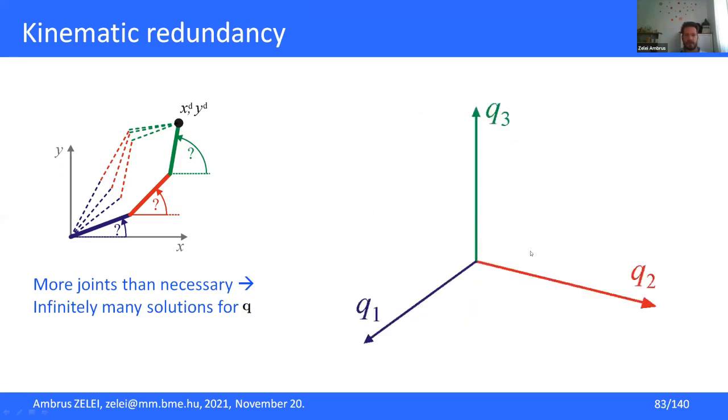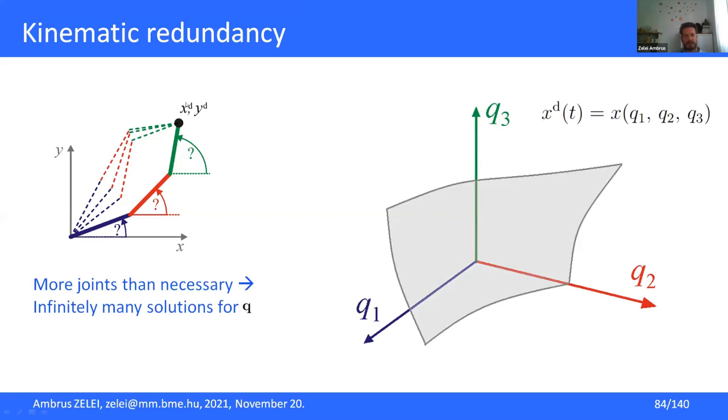We can also see the whole thing in another geometric approach. So we are in the space of the 3 joint angles, Q1, Q2, and Q3. And when I'm trying to find the configuration of the robot, it means that I would like to find one certain point in this space, because one point in this space corresponds to a certain shape or configuration of this robot.